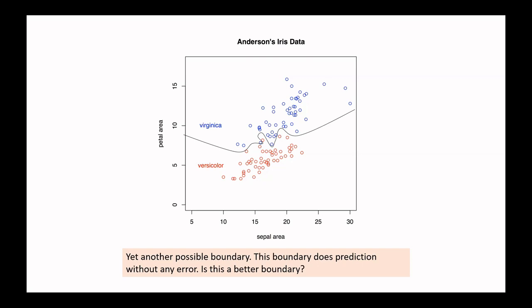The same thing can be said for the second one. Although the second one is not that much of overfitting, still it is overfitting. So out of these three choices, the choice we will be making will be the first one, which is the linear boundary.